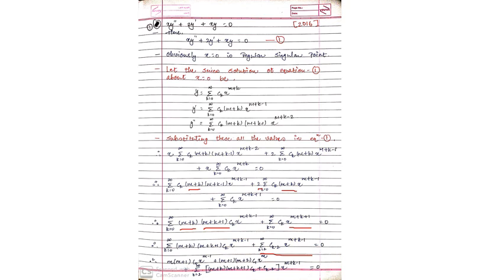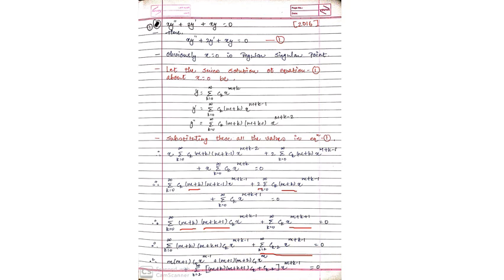Now you can verify that both terms have a single power. But see, the limit is different now. The first is starting from 0 to infinity, the second one is starting from 2 to infinity. So the common limit will be from 2 to infinity. So from the first term you have to write out two terms, that is for k equals 0 and k equals 1.